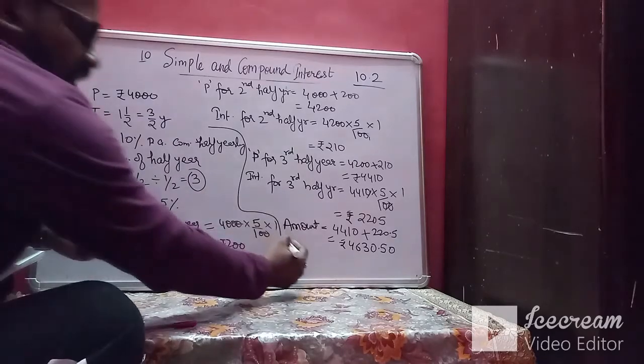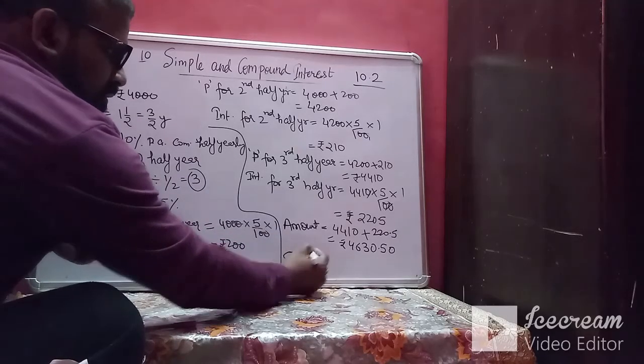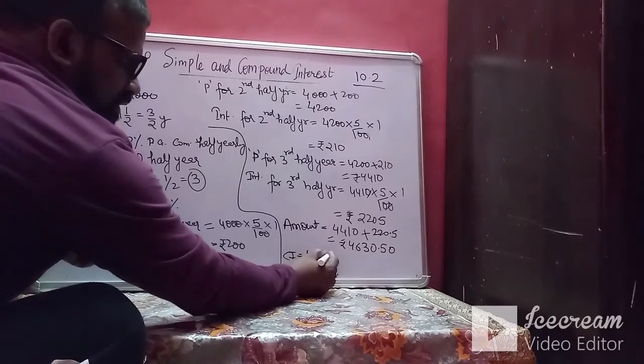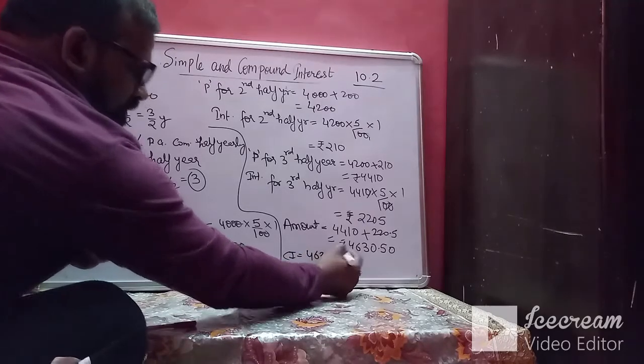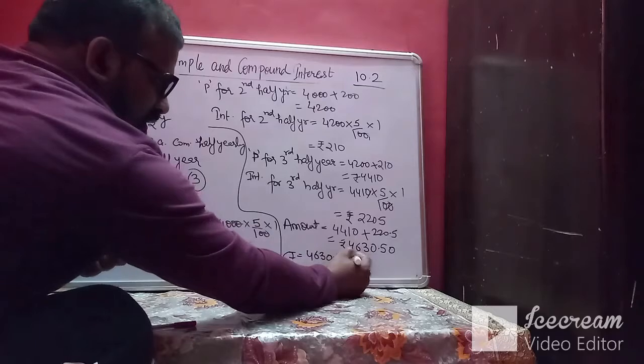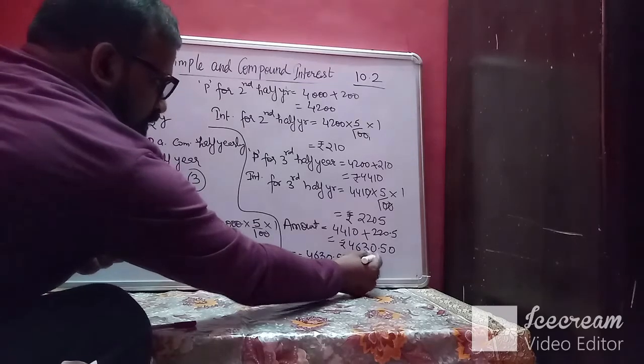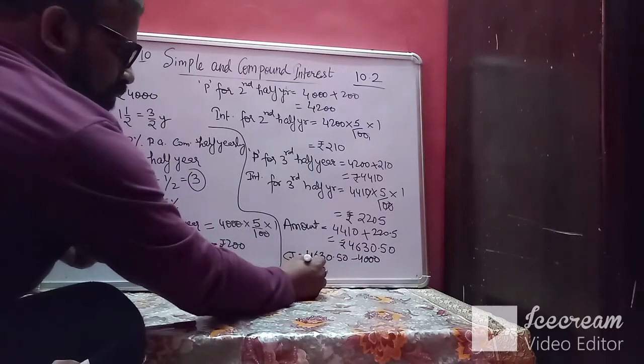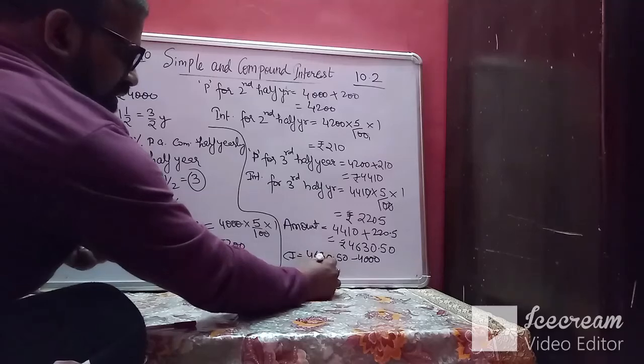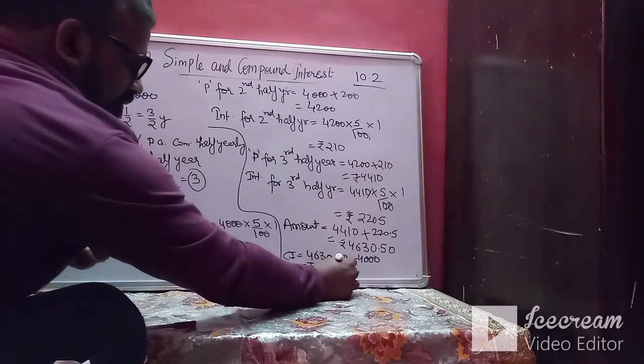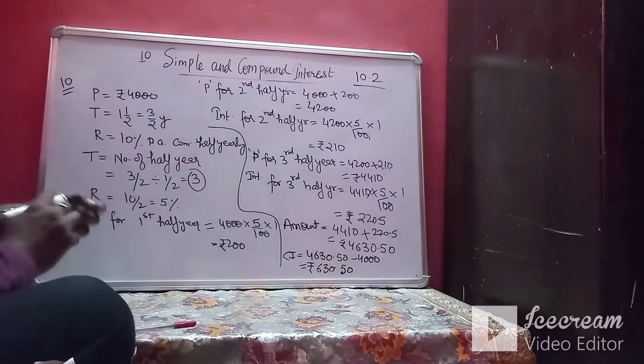Okay. Then what will be the compound interest? 4,630.5, this is the amount, minus what was the initial principal? 4,000. So compound interest will be 630 rupees and 50 paisa.